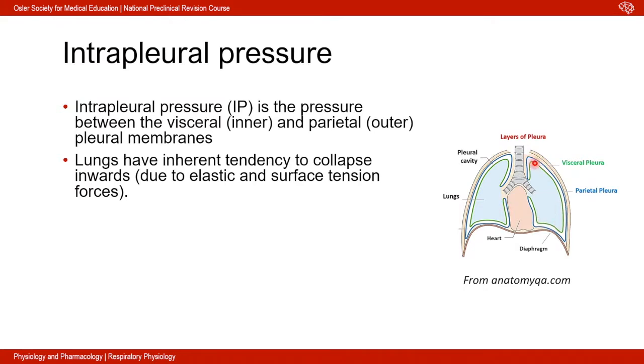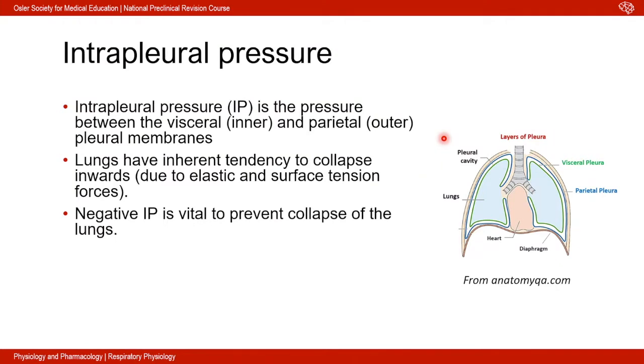They want to fall in on themselves. And if it weren't for this intrapleural pressure, they would collapse. But because we've got this negative pressure in between these layers, it holds the lungs out, it holds them expanded. And the mean value is -6 mmHg, so that's a really, really important value to know.